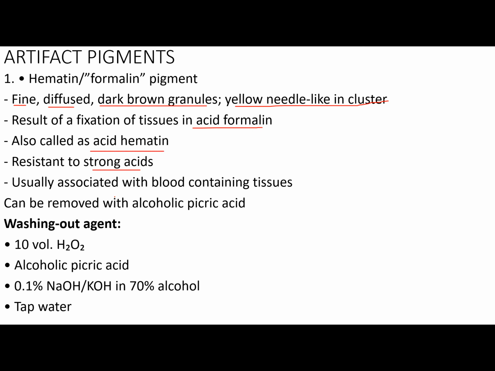Resistant to strong acid, usually associated with blood-containing tissue. Can be removed with alcoholic picric acid. Now, you could use the following washing out agents: 10 volume of hydrogen peroxide, alcoholic picric acid, 0.1% sodium hydroxide or potassium hydroxide in 70% alcohol, and then tap water.